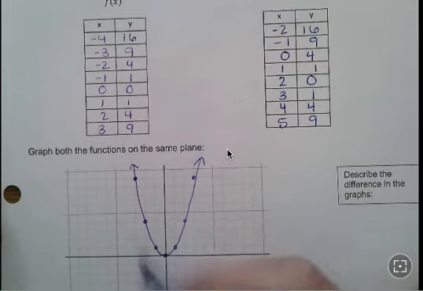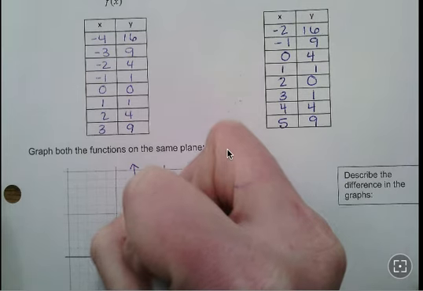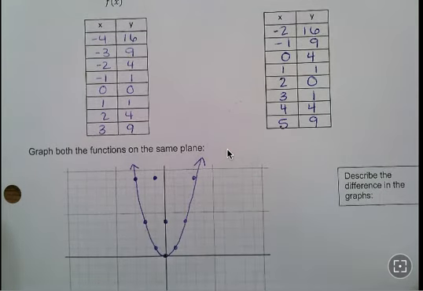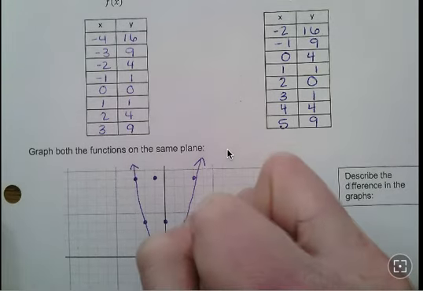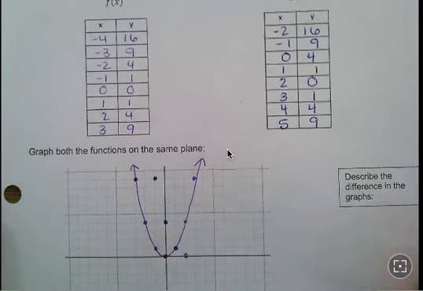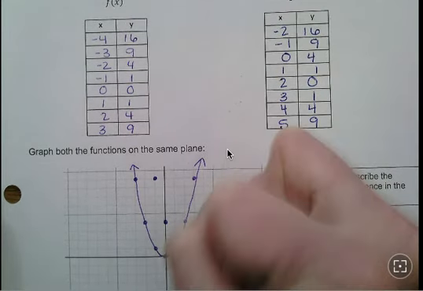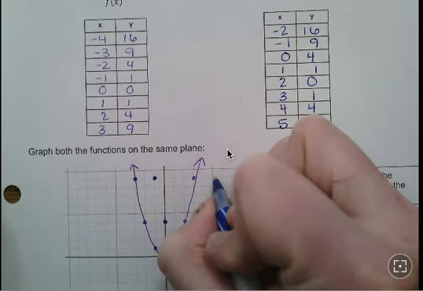We've got -2, 16, which we can't plot, -1, 9, 0, 4, 1, 1, 2, 0, 3, 1, 4, 4, and 5, 9.